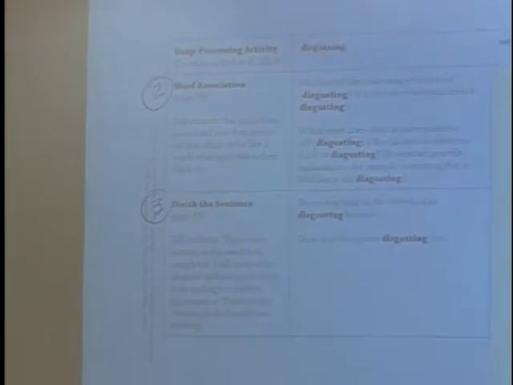Okay, let's look at another one. I know some of you worked ahead, you overachievers, you. But let's just look now at word association. Let's look at those activities. They've given you an example here for disgusting of word activities for word association. Work with your partner.